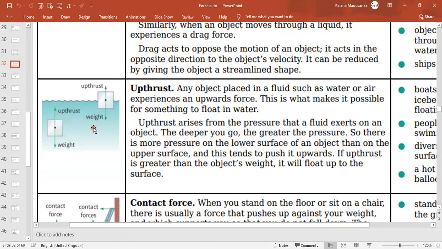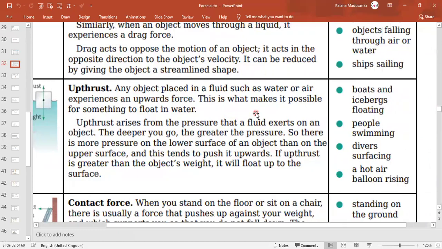If the upthrust is much higher for light objects, the object is going to float or be fully submerged. Any object placed in a fluid such as water or air experiences an upward force. This is what makes it possible for something to float in water. Without any upthrust, you cannot see any object fully submerged or immersed, or it is not going to float.